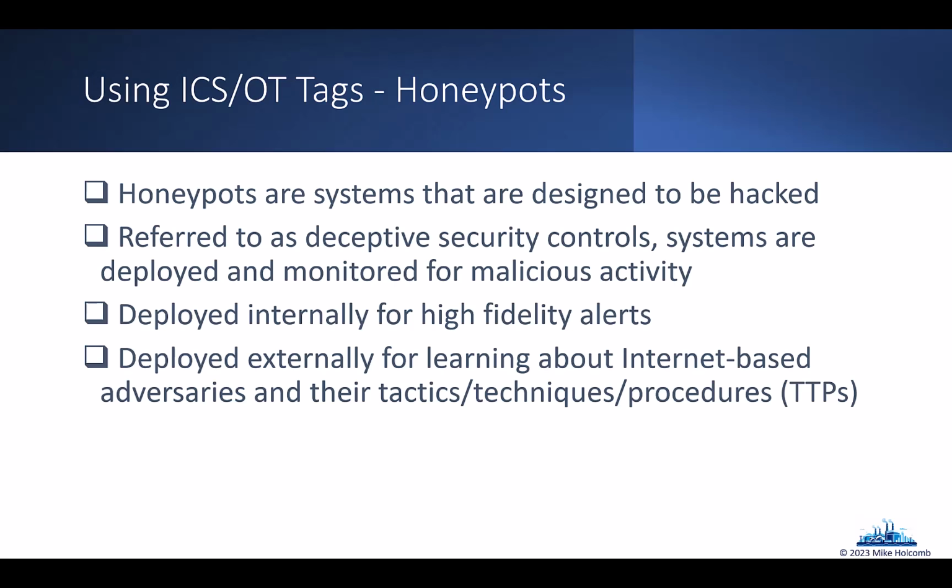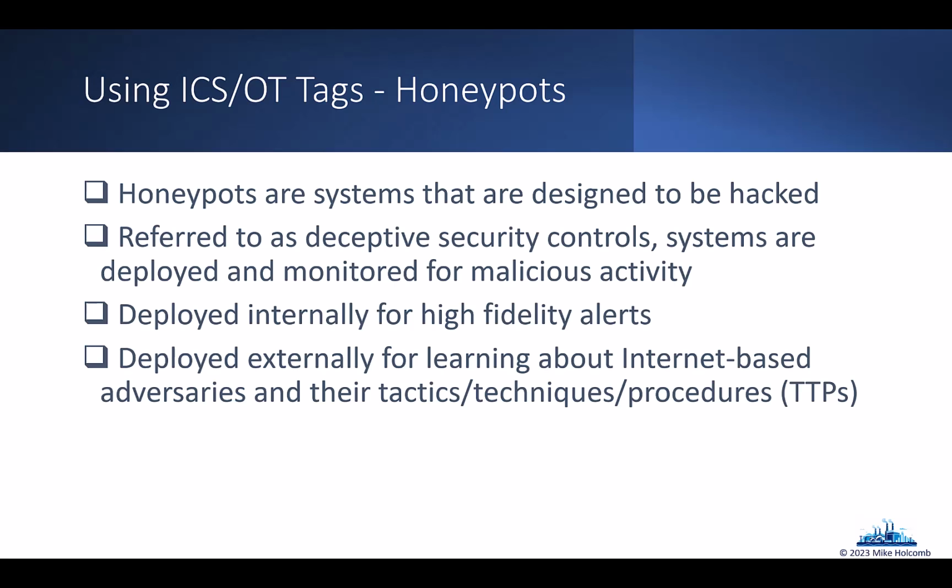So if you have a honeypot in the environment, it generates what we call high fidelity alerts. It means if it gets hit, if it sets off an alarm saying, hey, somebody just hit me, you need to jump on it right away because 99.9% of the time it's an attack. The other 0.1% of the time there's someone in the environment, an employee, maybe a PLC technician, that just thought it would be interesting to run Nmap across the local subnet.